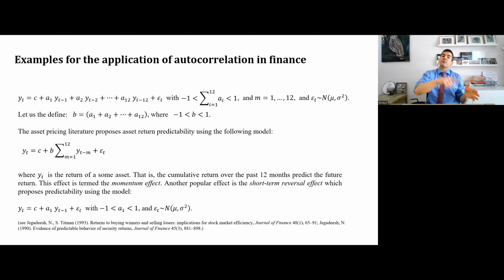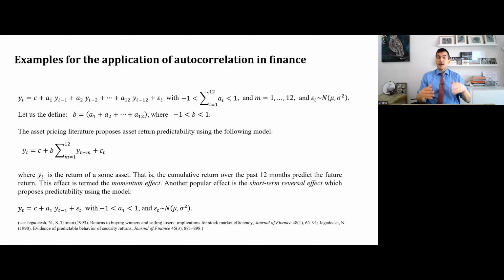Again, otherwise we would have an explosive process, but this is what we do not want to allow for, because here we want to model a stationary process. So let's again assume in this model that the epsilon t is normally distributed with some mean mu and some variance sigma squared. We can now also summarize the autoregressive parameters.